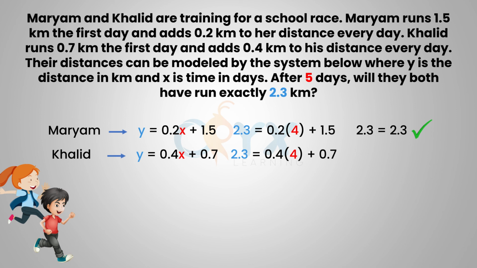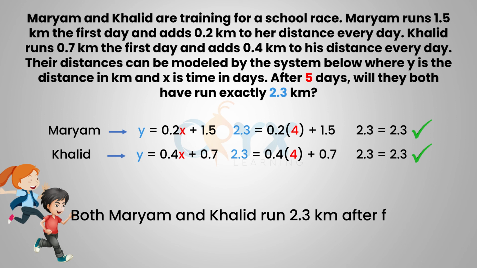This also simplifies to 2.3 = 2.3. So the values satisfy both equations, so we can conclude that both Miriam and Khalid will run 2.3 kilometers after 5 days.